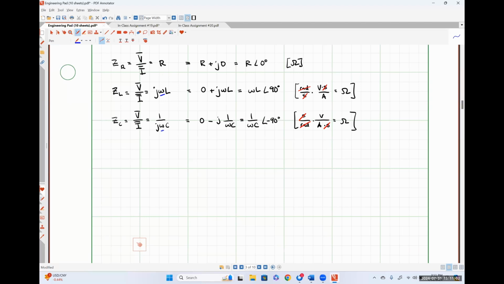If we look at our capacitor relationship, we can see that its impedance is inversely proportional to frequency. So at very, very low frequencies, the impedance of the capacitor trends towards infinity or an open circuit. Okay? But we can also look at things at very, very high frequencies, right?